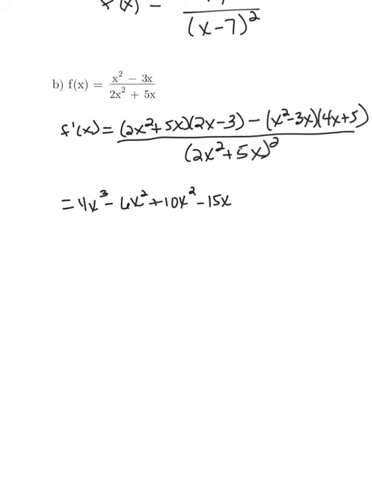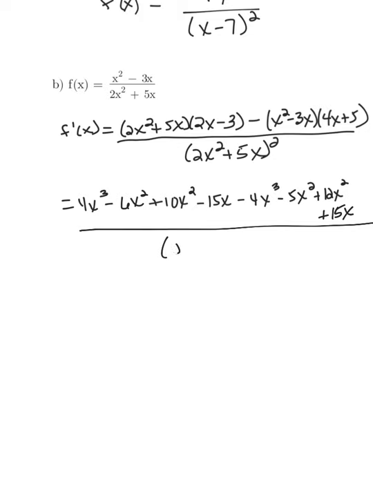On the second part, we not only have to do FOIL, we also have to distribute a negative sign. This will give us negative 4x to the third minus 5x squared plus 12x squared plus 15x. And all of this is over our denominator being squared.